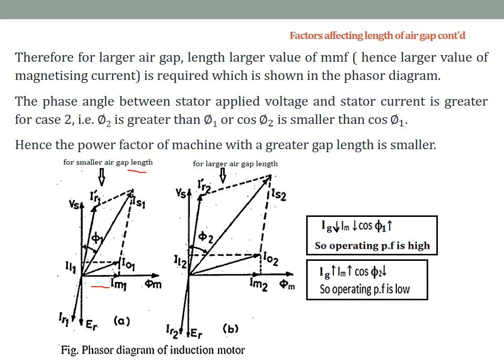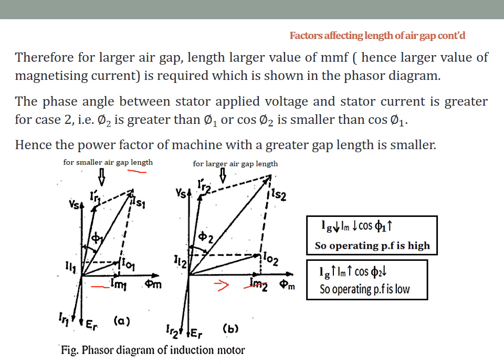In the vector diagram, the angle between Vs and Is1 is phi 1. Similarly, for large air gap length, the MMF required will be large, and the magnetizing current drawn will be more. Because of that, the angle phi 2 between Vs and Is2 is large, so cos phi 2 becomes less. Power factor will be low.